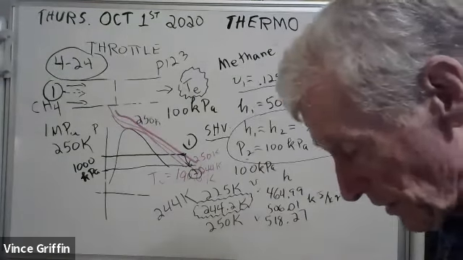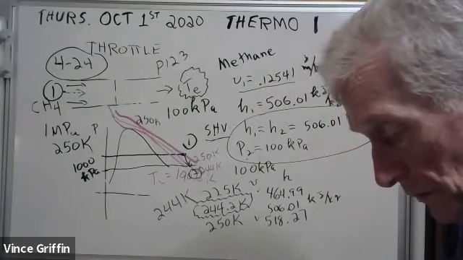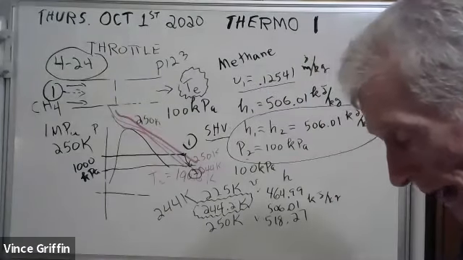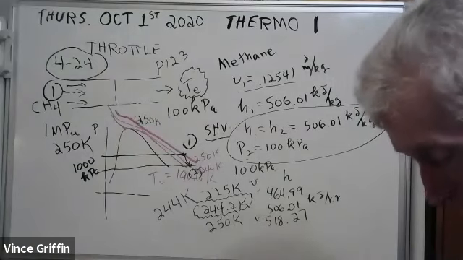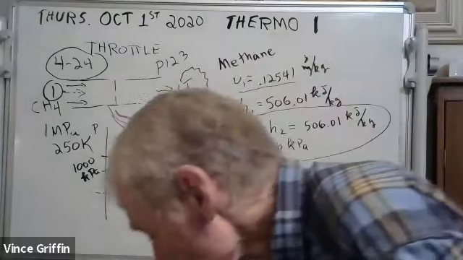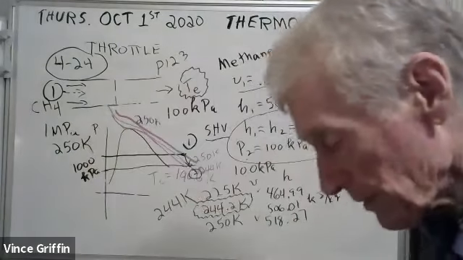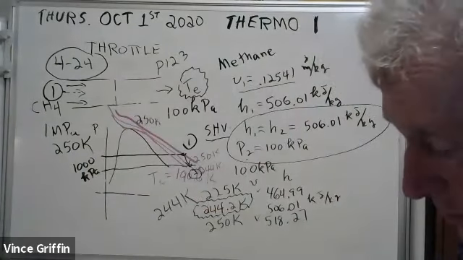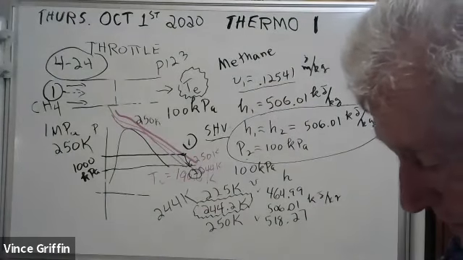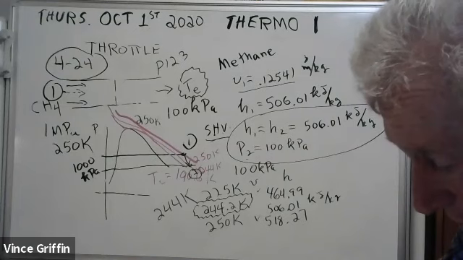Well, good. We did a throttle. Well, let's do something else. I'm thinking of turbines. I'm thinking we'll do a turbine. So let me decide here.